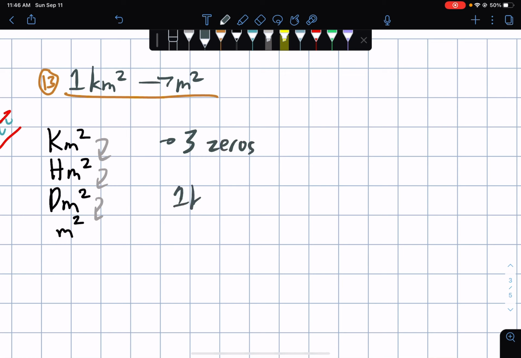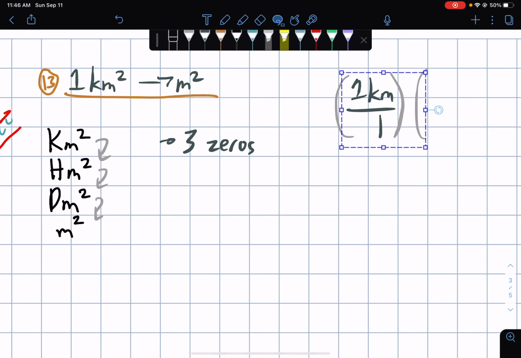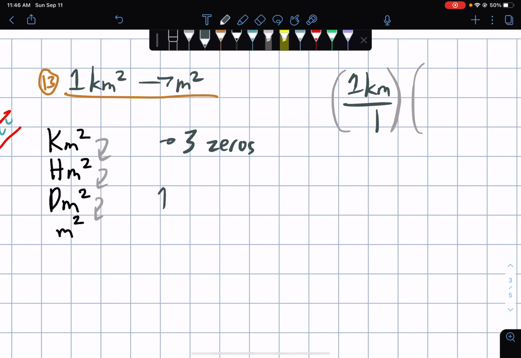So from 1 kilometer, we look for, hang on. Let's put this aside for a while. 1 kilometer is equal to 1,000 meters, right? This is something that we generally know. 1 km is equal to 1,000 meters.